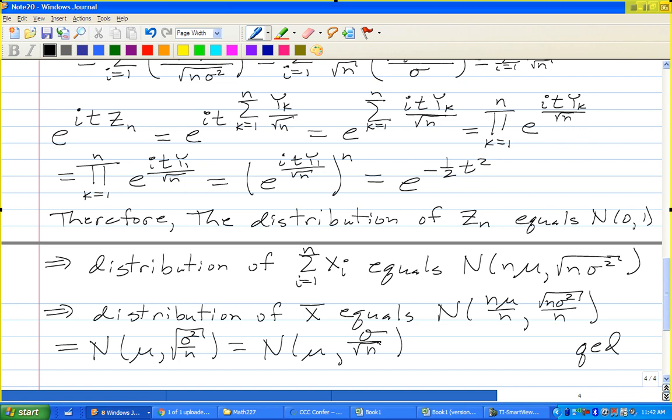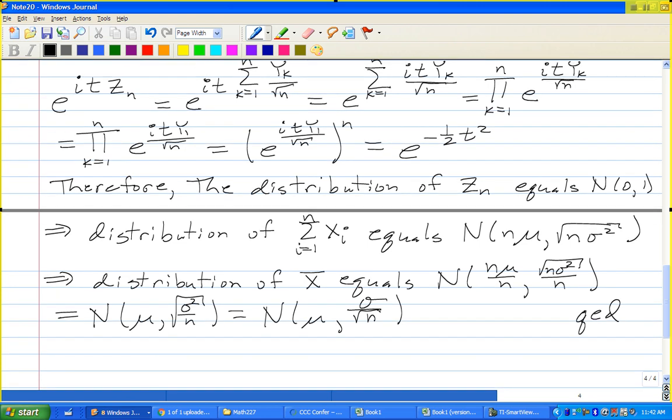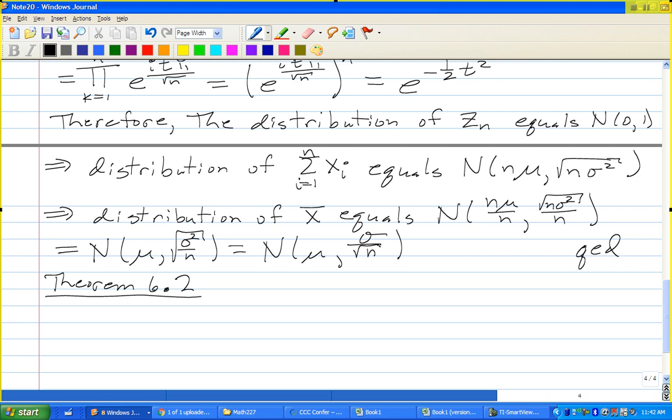Theorem 6.2, which says that the sample variance is an unbiased estimator of the population variance. Okay. So let's show that.